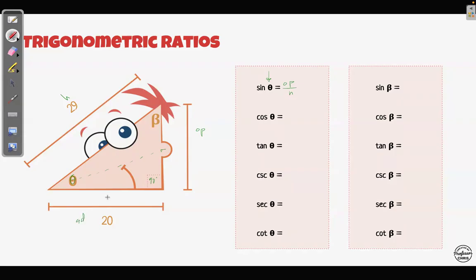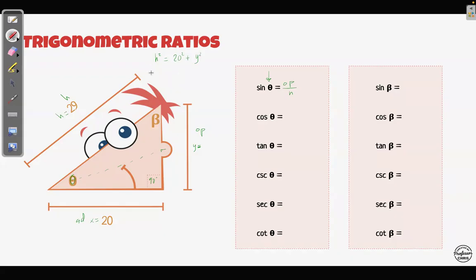But first, we need to figure out what the opposite side is. So let's call this side x and let's call this side y, which we're about to find. And we know that this is the h, or hypotenuse. So the square of the hypotenuse is going to be equal to 20 squared plus y squared.